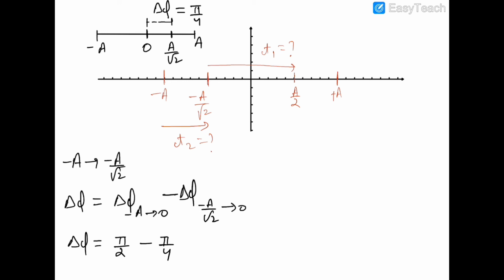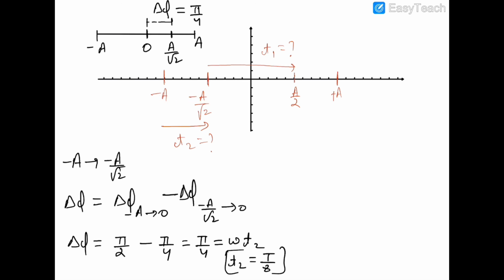So when the particle is moving from minus a by root 2 to mean position, the change of phase is pi by 4, and this is equated to omega t2, and this t2 would be equal to T by 8. So this is the time in which the particle will move from minus a to minus a by root 2.